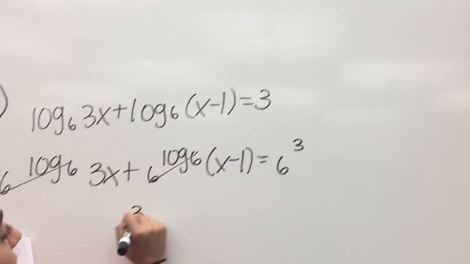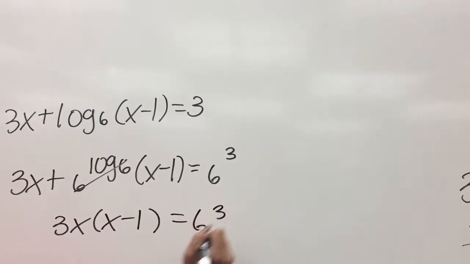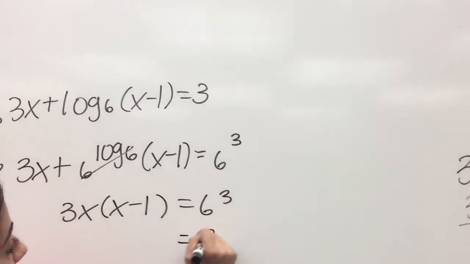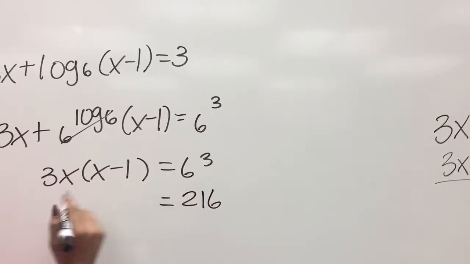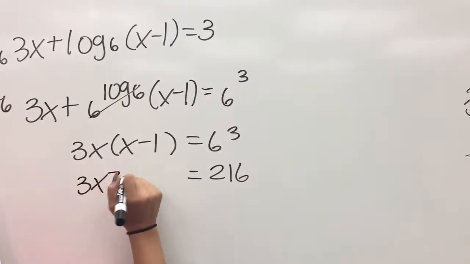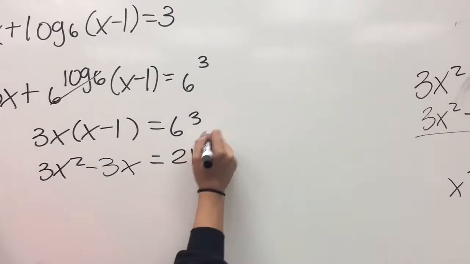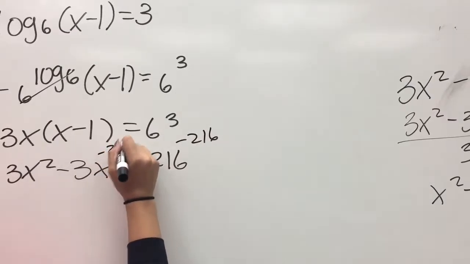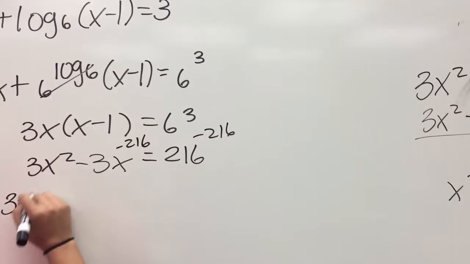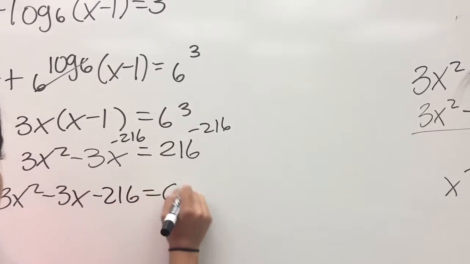And you get 3x times x minus 1 equals 6 cubed. 6 cubed is 216. And once you do the math, you get 3x squared minus 3x. What you're going to do is subtract 216 from both sides. So you get 3x squared minus 3x minus 216 equals 0.